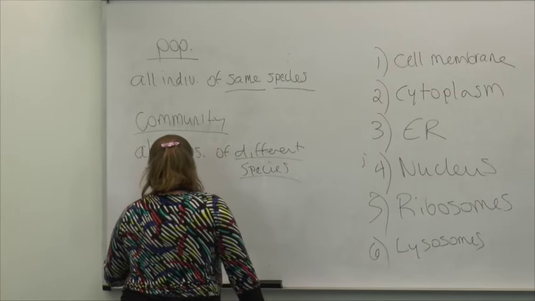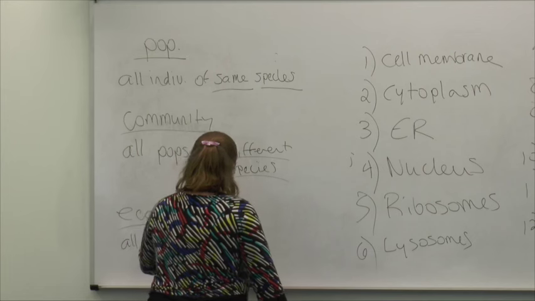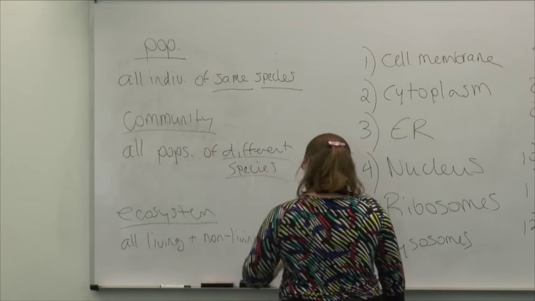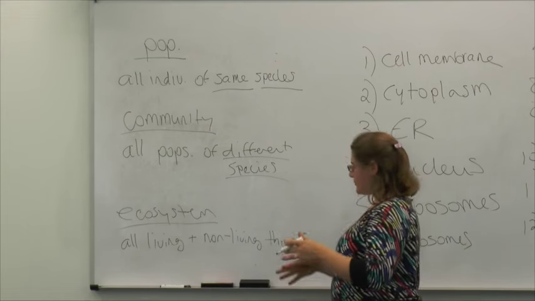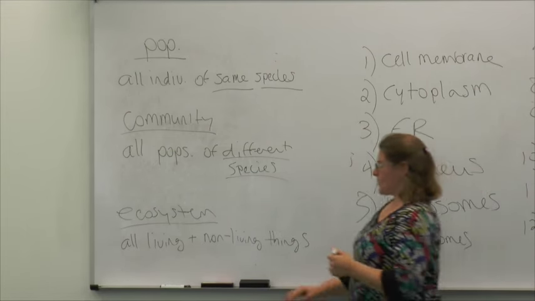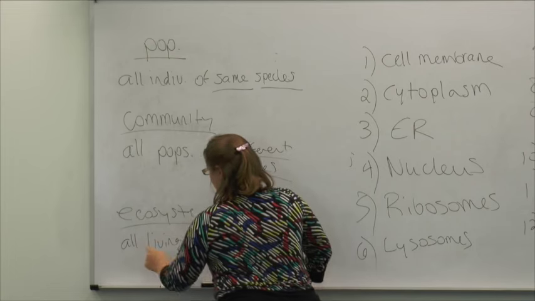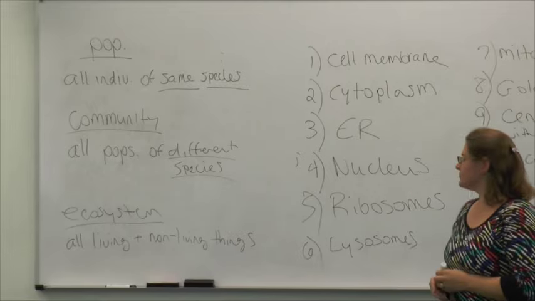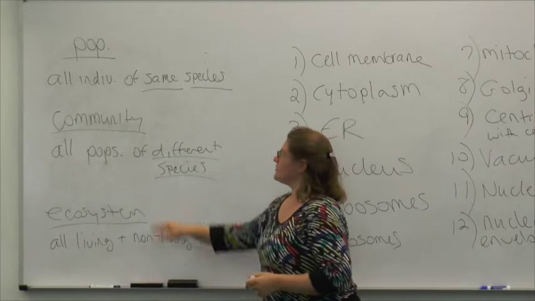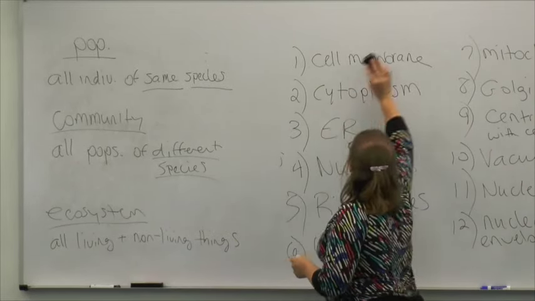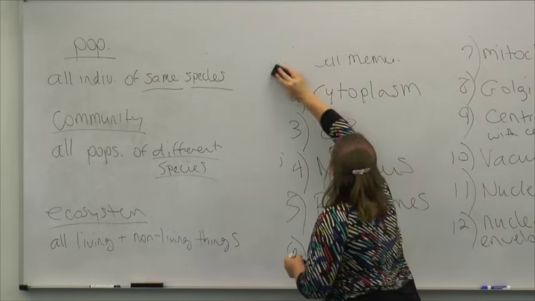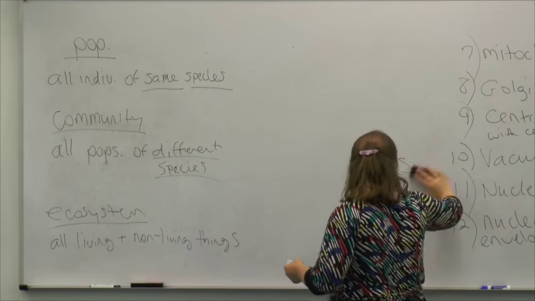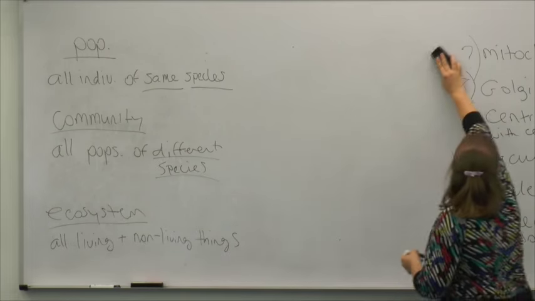So all living and non-living things that live and interact at the same place at the same time. Okay, so remember that. It's a fancy way of saying living things is biotic, and the non-living things are abiotic. Okay? So those are important differences to be aware of. Populations, all the same species; community, all the different species; and then ecosystem is all the different communities of the species, plus the abiotic factors.